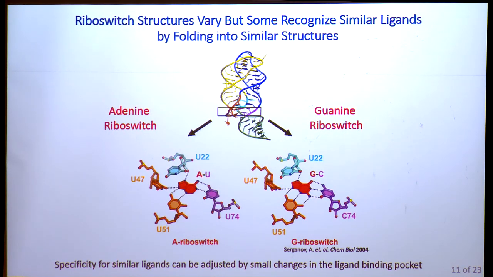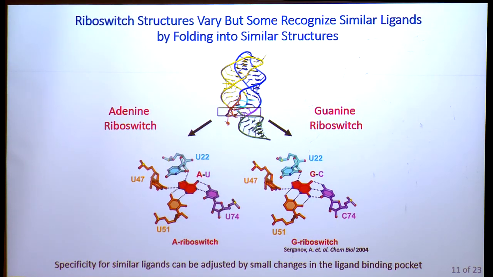So there have been a handful of structures that have been solved, and most of the riboswitches have very unique structures that differ from one another, as I mentioned earlier. However, there's a very interesting example of the adenine and the guanine riboswitch that recognize chemically similar ligands and fold into a similar structure.